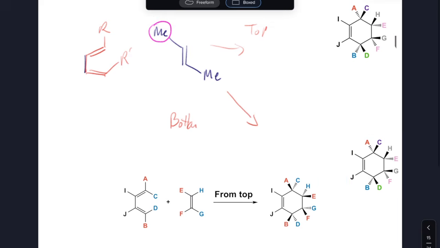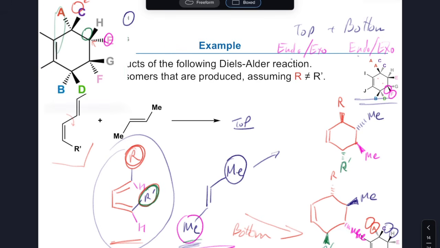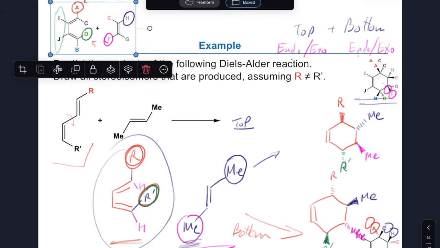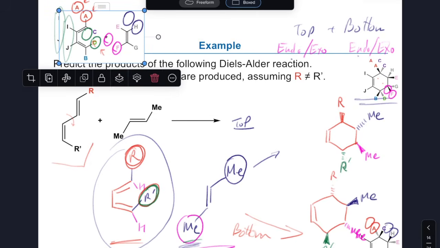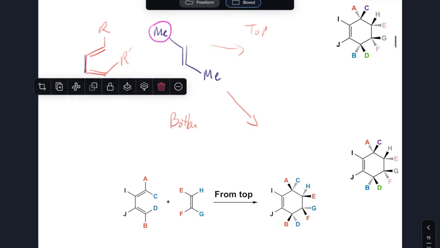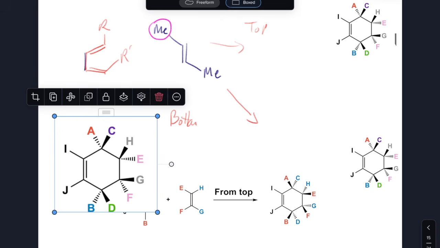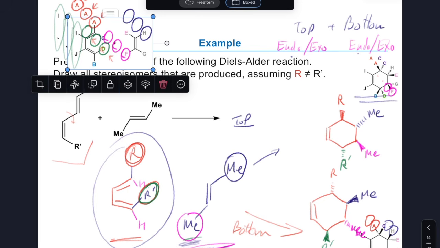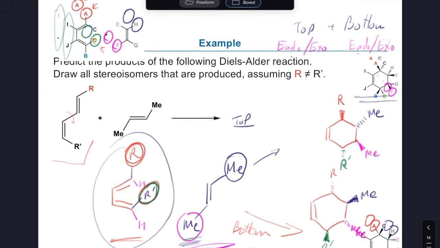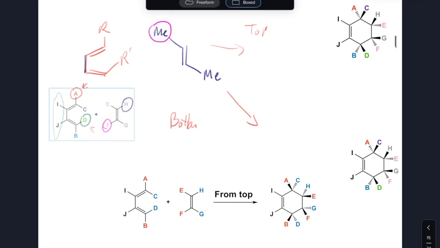I'm going to copy this, and we'll bring it over here. Copy, paste. Cut. Paste. Yeah, there we go. Good enough. All right, there's our templates.